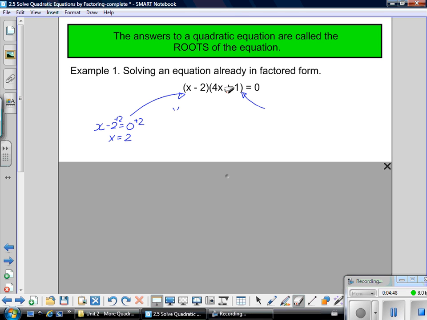On this side, we have 4x plus 1 equals 0, and to solve for x we subtract 1 from both sides, giving us 4x equals negative 1, and we divide both sides by 4 to get x equals negative a quarter. So my solution would show both of these: x equals 2 and x equals negative a quarter. There are two answers for x in this case.